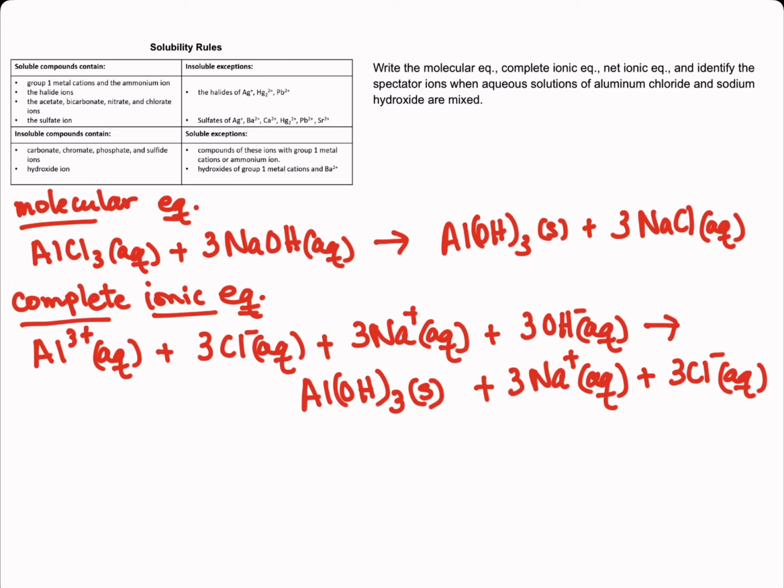After complete ionic comes the net ionic. And we're just going to clean up our complete ionic. Whatever appears on both sides gets canceled out. So there's 3 Cl minus, 3 Cl minus, 3 sodiums, 3 sodiums. So I just write down what's left over.